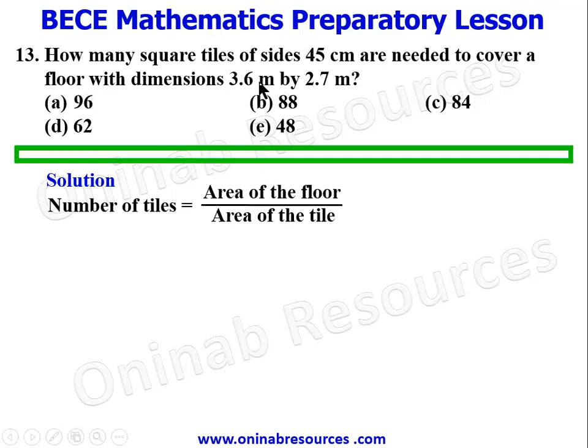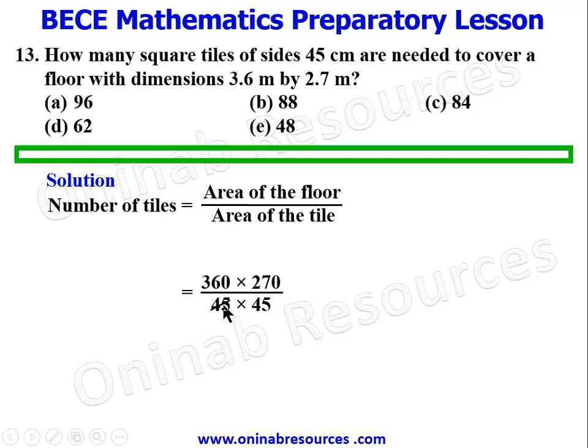So area of the floor is length times breadth, since it is a rectangular floor, and that will give us in centimeters. We have to work in the same units. So changing this 3.6 meters to centimeters, I have it as 360 times 270 divided by 45 times 45, since a square is L squared. So L squared, 45 squared is 45 times 45.